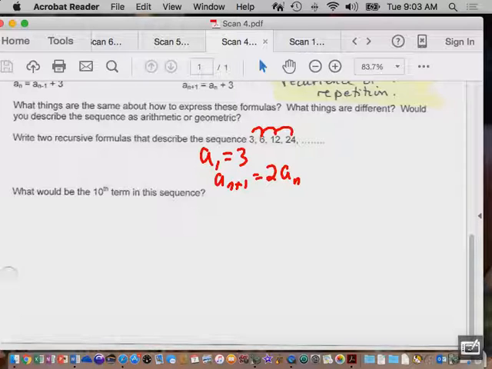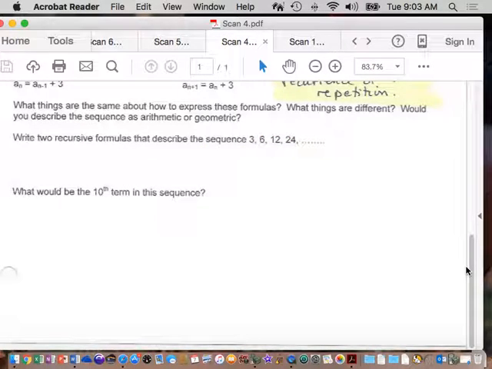Okay? So this means start with a 3 and then double it. 6, double it. 12, double it. 24, double it. 48, what's next? 96. So a recursive sequence, let's go back to the definition. It used recurrence or repetition, constantly multiplying by 2.